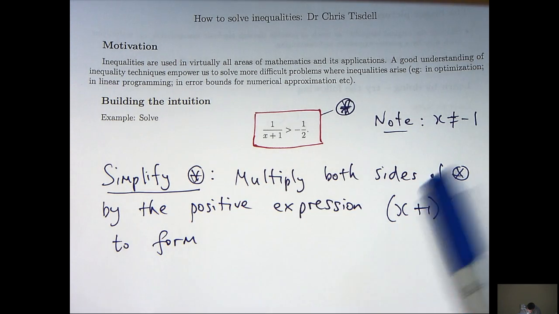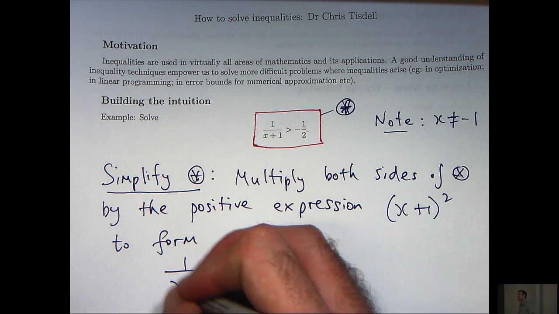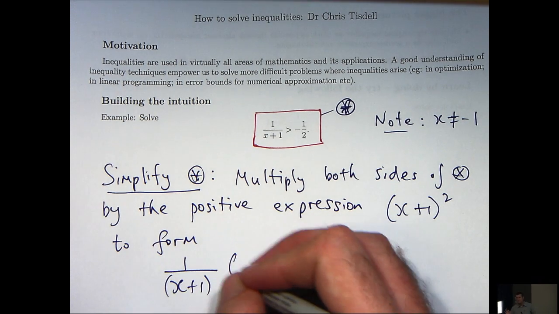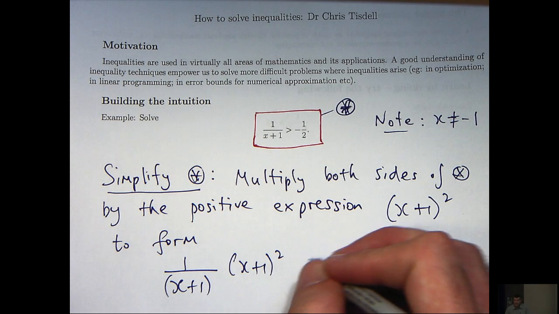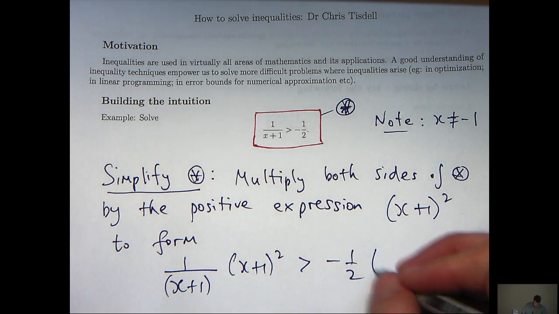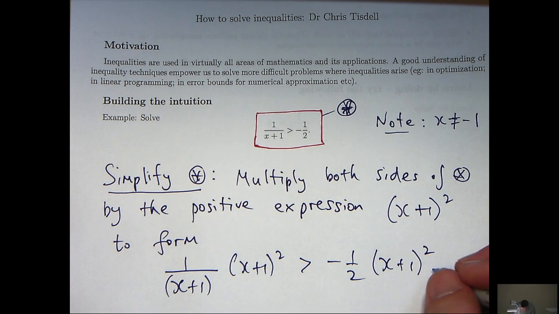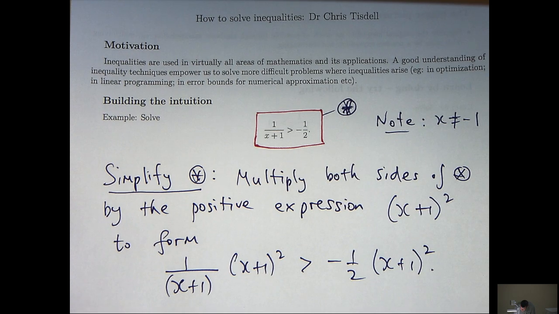So if we make that choice, we're going to cancel out the x plus 1 on the bottom. So things are going to simplify, hopefully. And I can keep the same inequality sign because I'm multiplying both sides by a positive value, or positive expression.